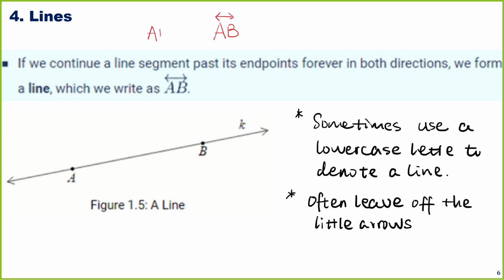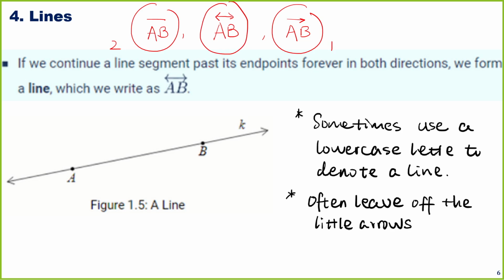So this is a line segment, right? This is a line and this is a ray. Be careful with the difference, okay? Two endpoints, one endpoint. There is no endpoint for the line because the line can extend indefinitely to both ends, okay?